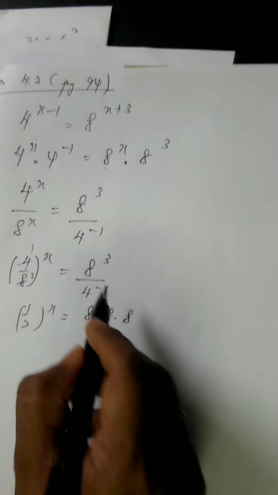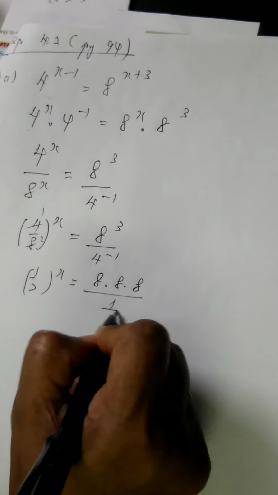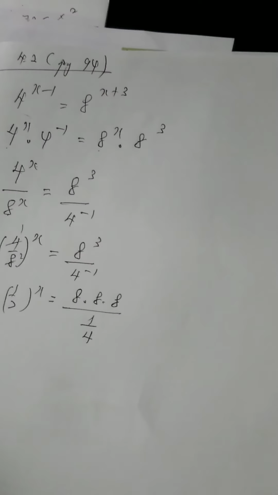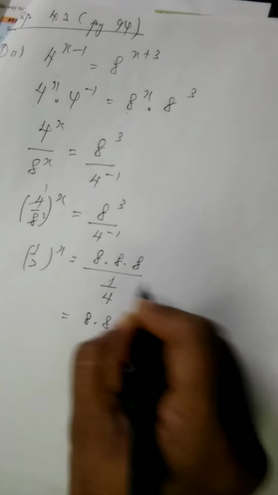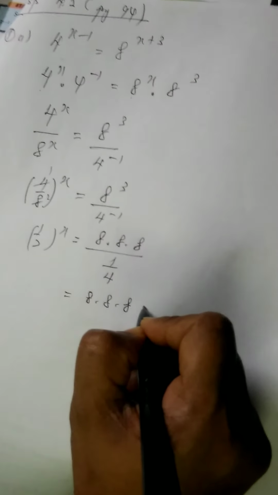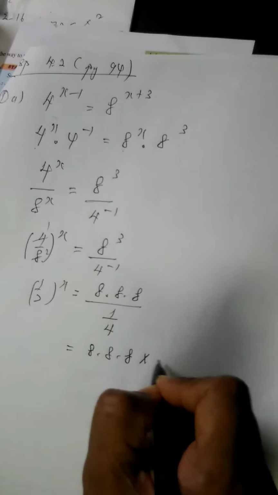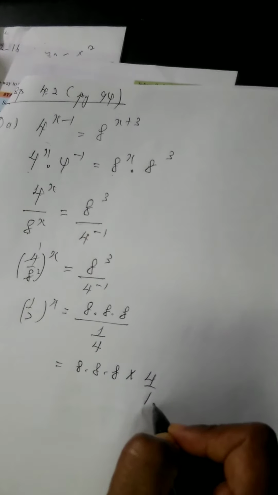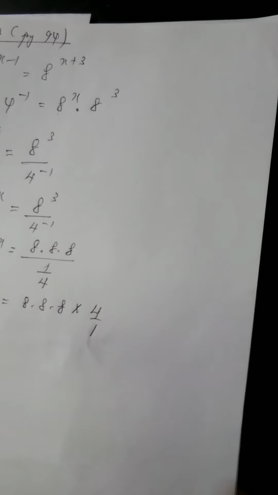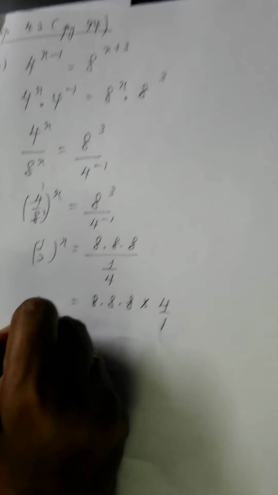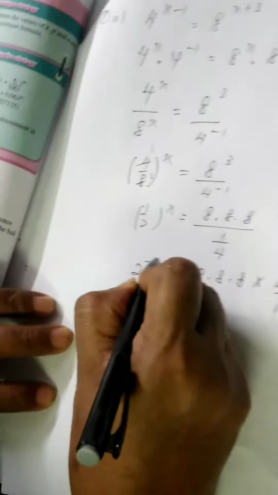Now this is actually 1 over 4, right? So 8 divided by 1 over 4 means it becomes times 4 over 1. So 1 over 2x, this can be written as this.